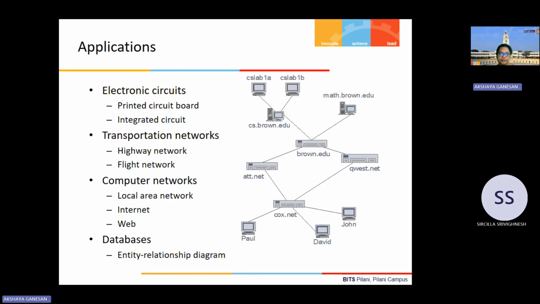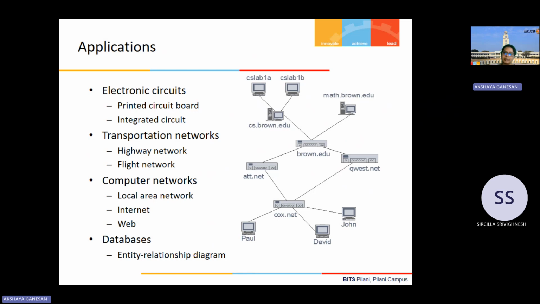Now, where is this graph useful? As I mentioned, for any network, where you have a set of nodes and you want to express the relationship between the nodes, that is where graphs are used. They are useful in many places, the graph algorithms. In printed circuit boards, integrated circuits, networks, and local area computer networks, graph algorithms are used.